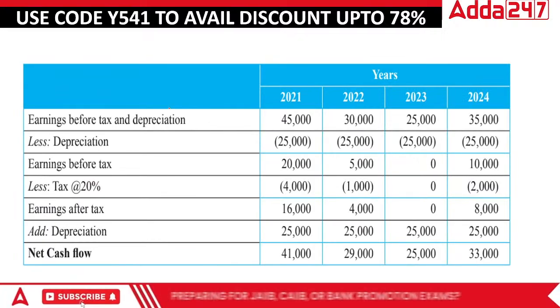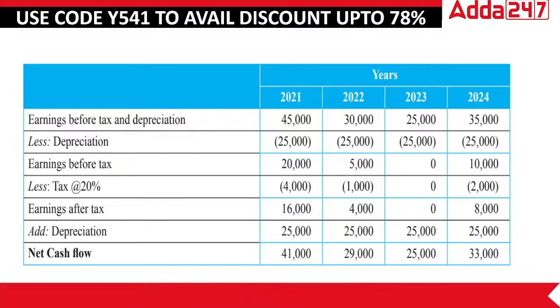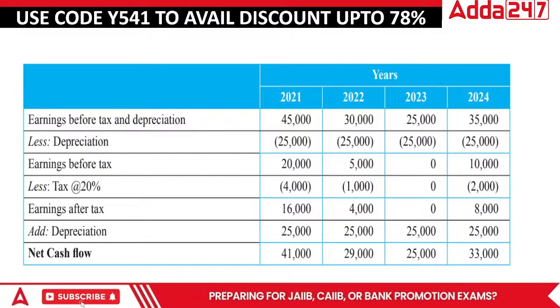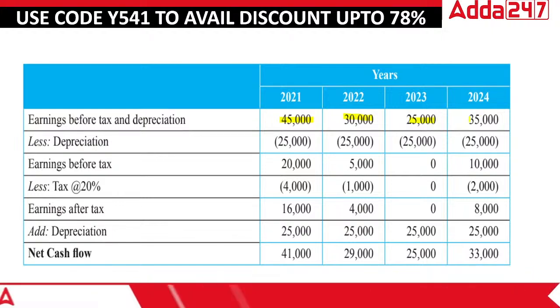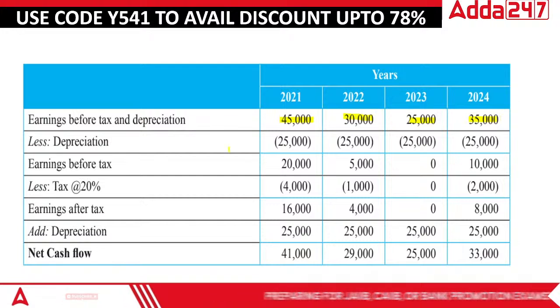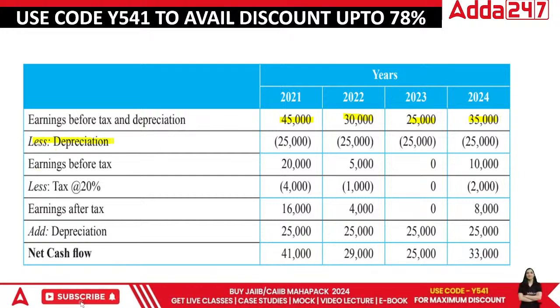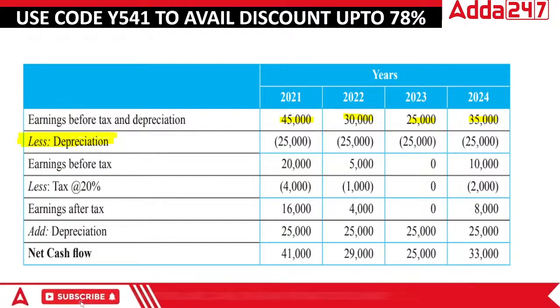Your earning before interest and tax is 45,000, 30,000, 25,000 and 35,000. Depreciation is 1 lakh divided by 4 years, since it has a lifespan of 4 years.